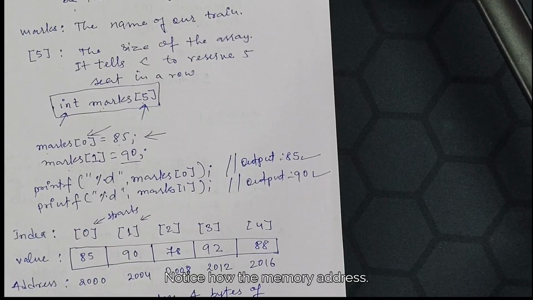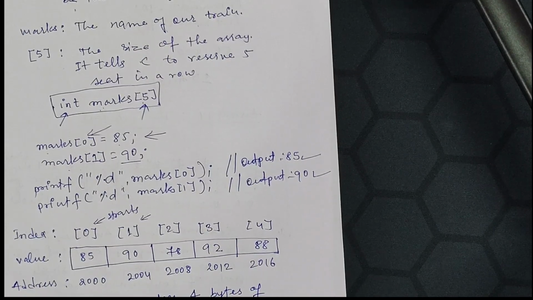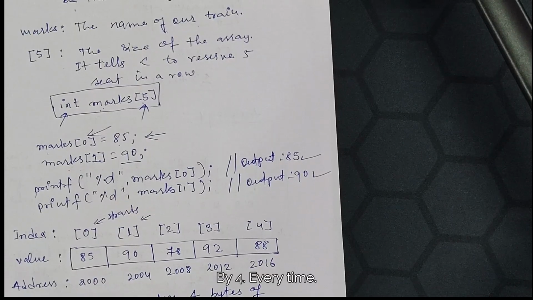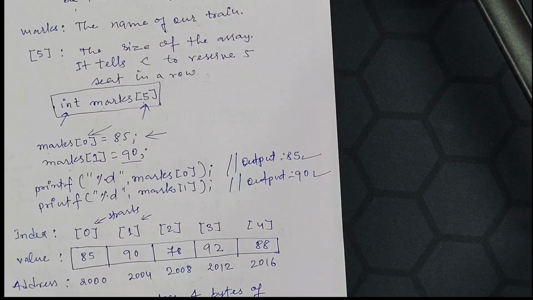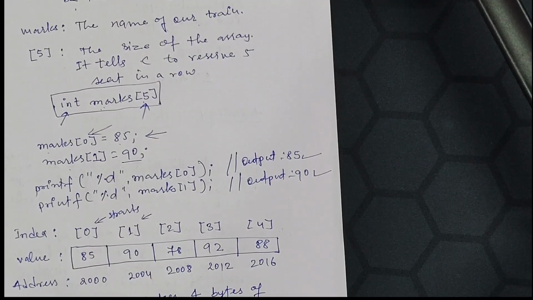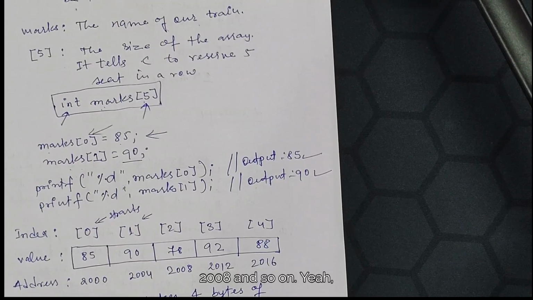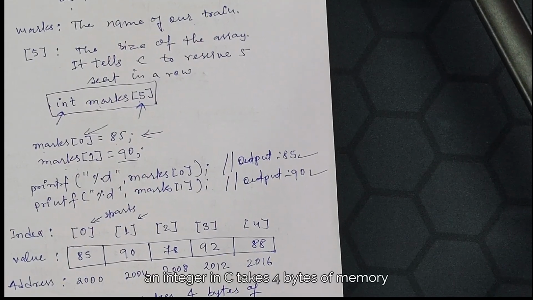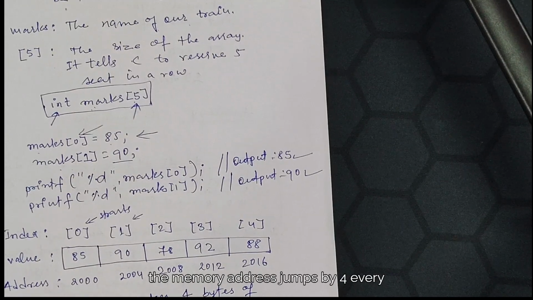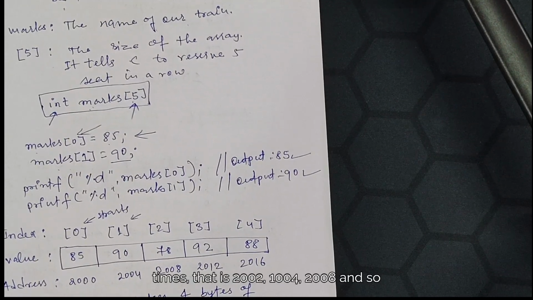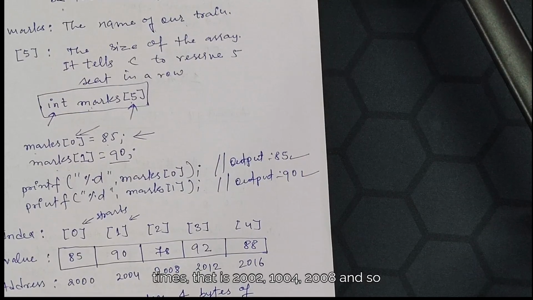Notice how the memory address jumps by 4 every time. It is 2000, 2004, 2008 and so on.